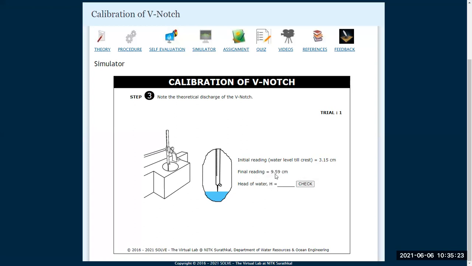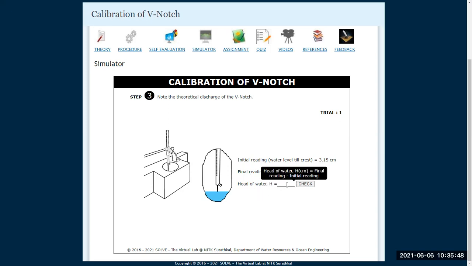You can see the final reading is showing 9.59 centimeter. Initially, when the water was till the crest level, the reading was 3.15 centimeter. After increasing the discharge, the water flows over the notch and gives the final reading of 9.59 centimeter.